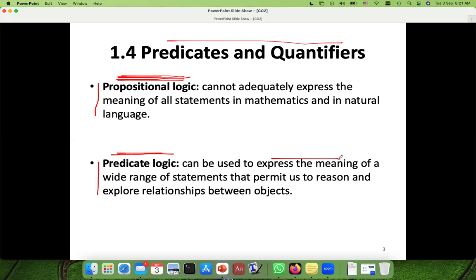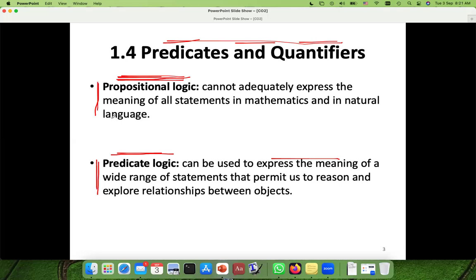When you can convert a sentence into predicates and quantifiers, you can analyze the values of those predicates and quantifiers, and the relationships between the different things for which you introduce them.